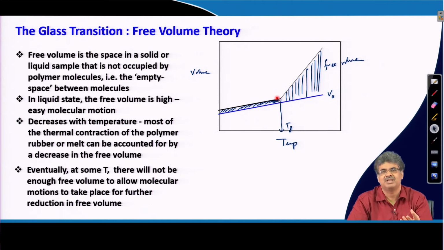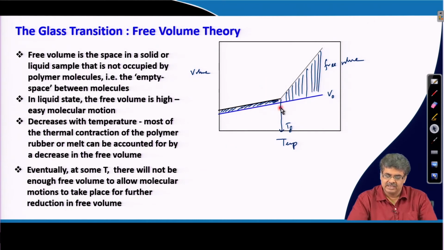If the polymer molecules want to contract further, they require some space to rearrange themselves. If that space is not enough, if they are already entangled, there is no space, obviously it cannot compact further. Although thermodynamically it wants to compact, because there is no free space available, it cannot contract.